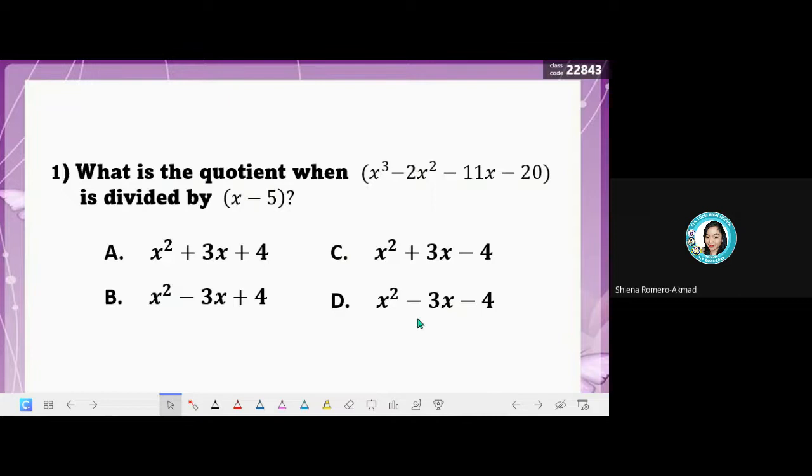What is the quotient when x cubed minus 2x squared minus 11x minus 20 is divided by x minus 5? So, as you can see, ang given natin dito is division. We have here a polynomial and we have to divide.